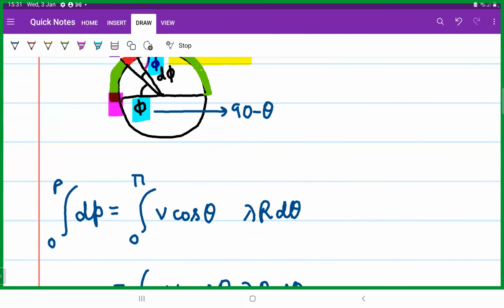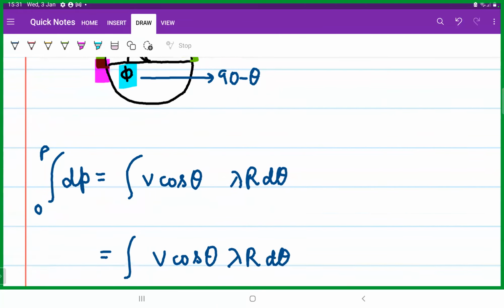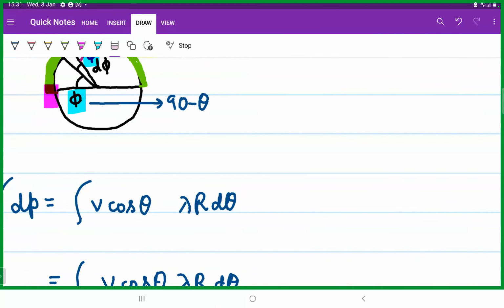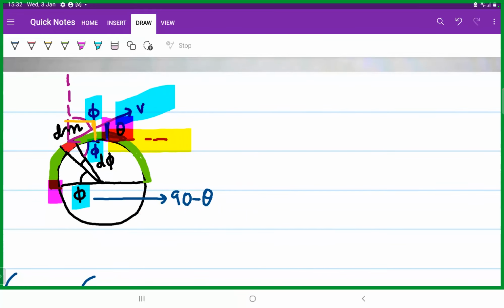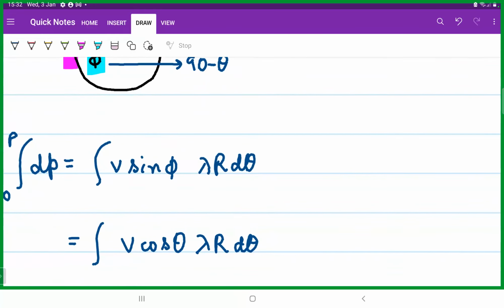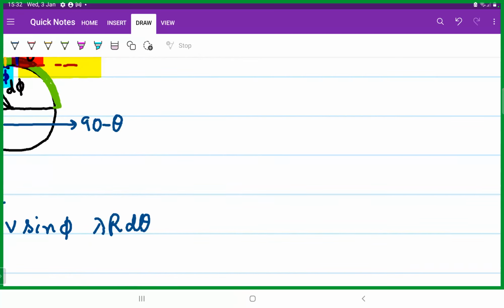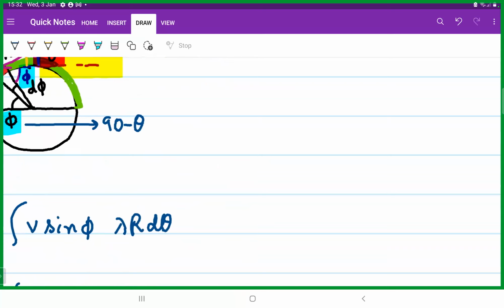I'm sorry, the limits of integration won't be from 0 to pi. If we have this thing as sine phi, say v sine phi, it will be the same thing. Theta and phi are complementary angles, so let me replace them with phi. And there won't be any change in d theta because d(90 minus phi) is also d phi only.